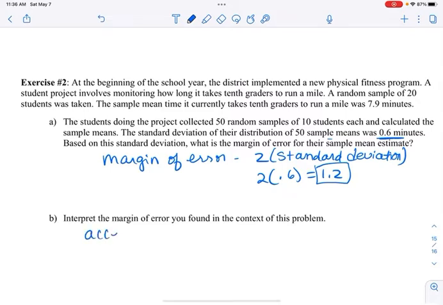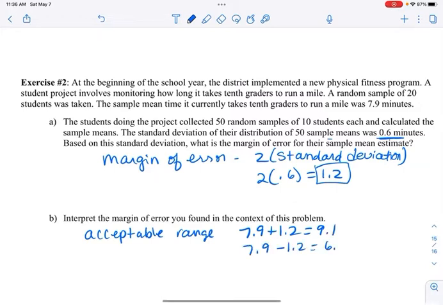So an acceptable range would be the mean plus 1.2, which is 9.1, and the mean minus 1.2, which is 6.7.